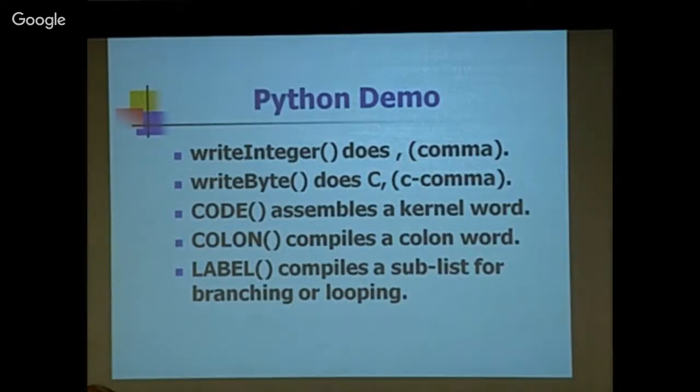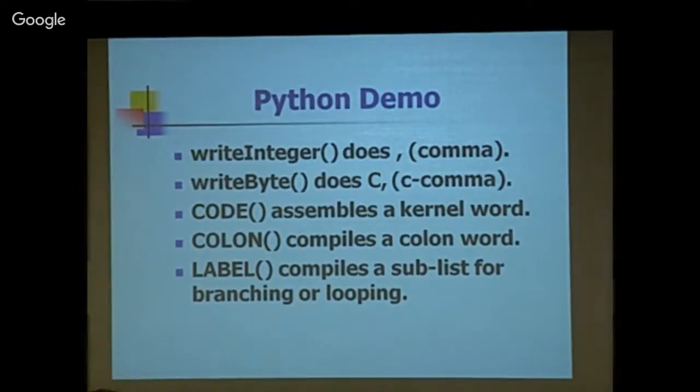So the code would assemble a kernel word. You give it a name, and then you give it a list of bytecode, and we just construct the header, and then stuff all the bytes into the code field. So that's the kernel words or the primitive words.